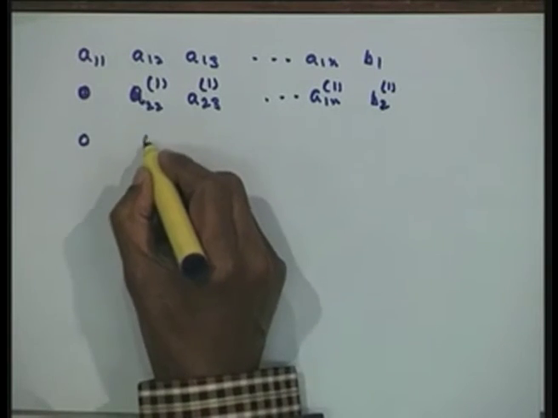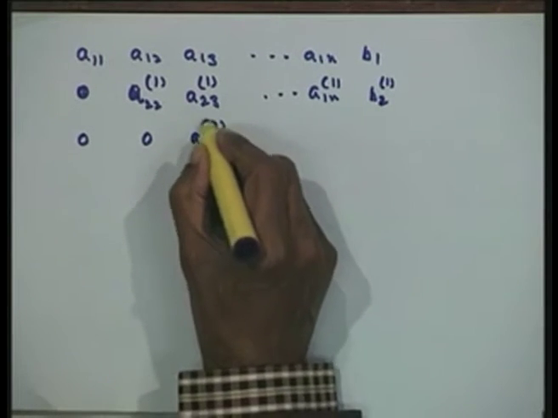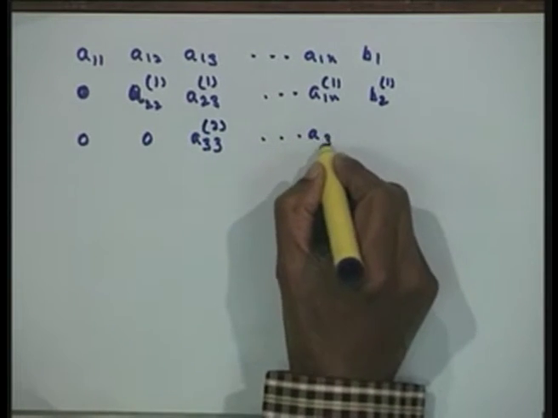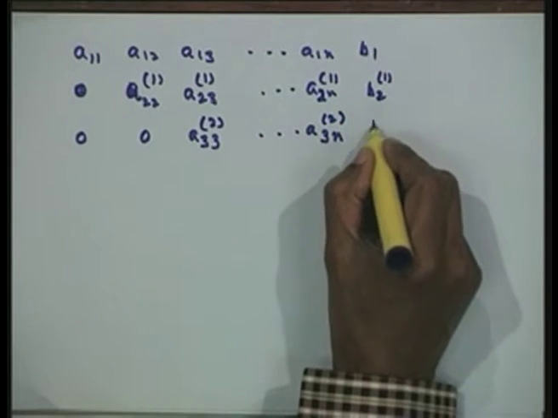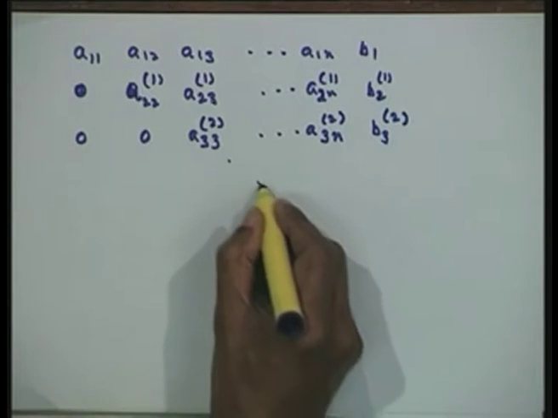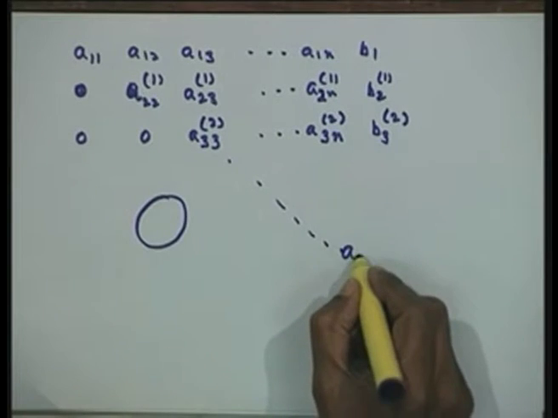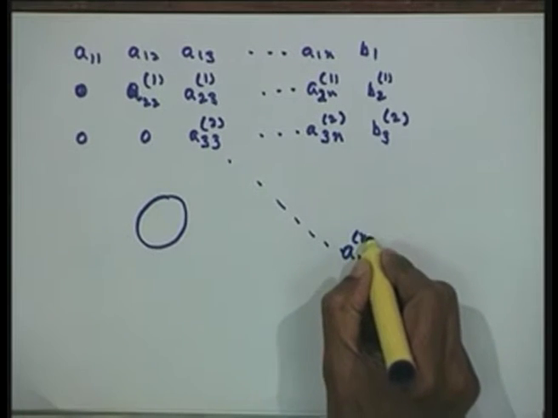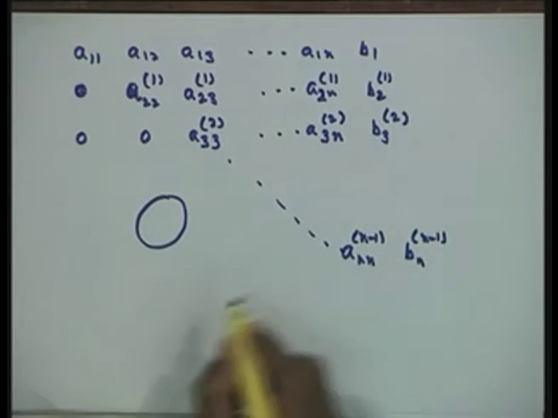I have a 0, a33 of 2, a3n of 2, b3 of 2, and so on. I will have here ann of n minus 1 and bn of n minus 1.